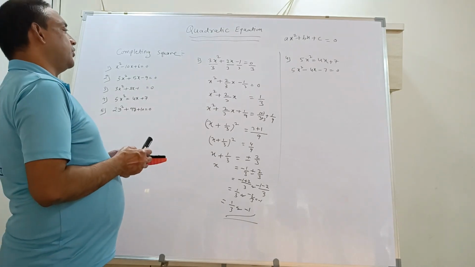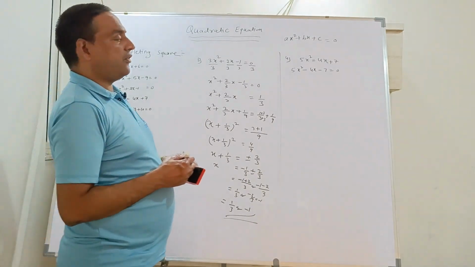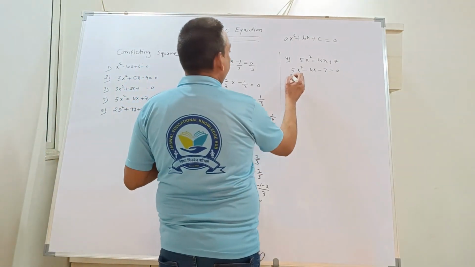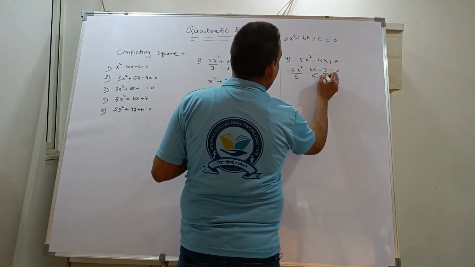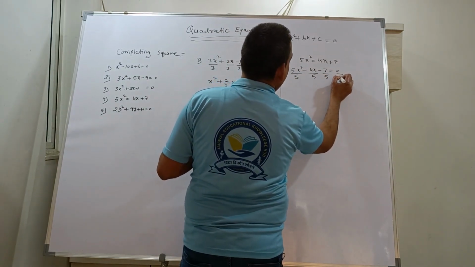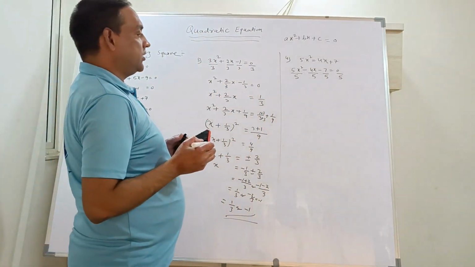Now what is the coefficient of x square? The coefficient of x square is 5. So we divide everything by 5. Simple. Divide by the coefficient of x square, which in this case is 5.